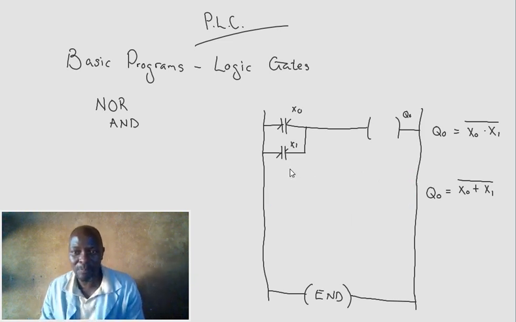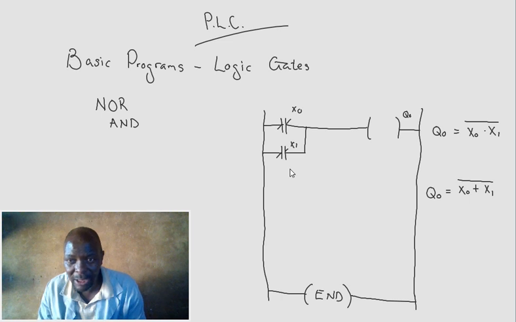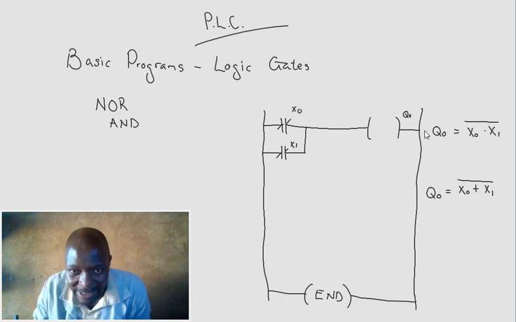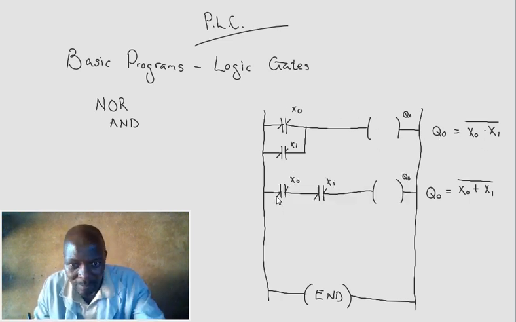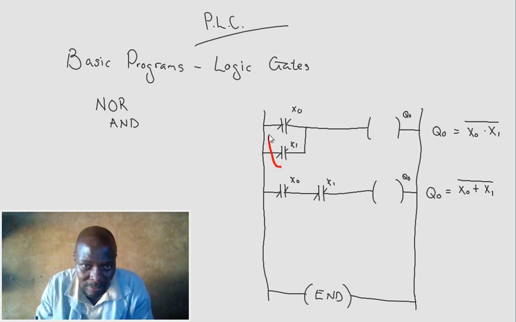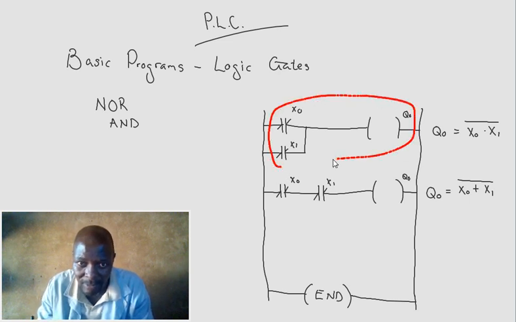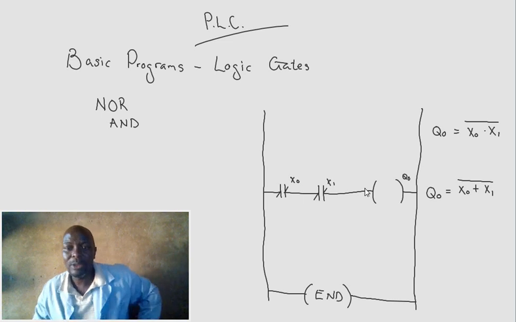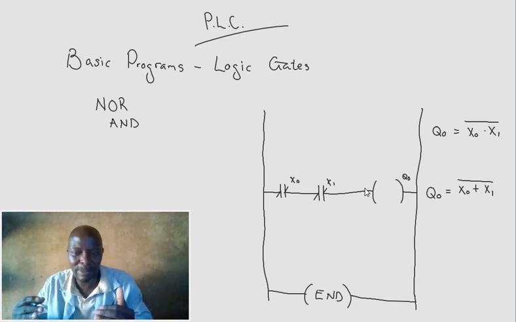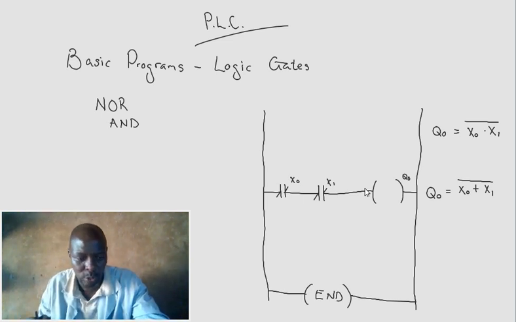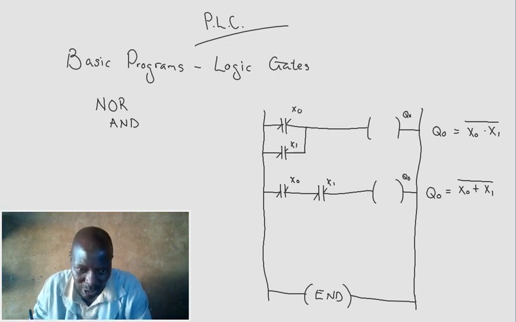Now this is your NAND, or you would have the other one being your NOR. Can you have them in the same space? Of course you could, but to avoid conflicts, you would name these differently. That would be Q1 there, implying therefore that Q1 is the NOR.